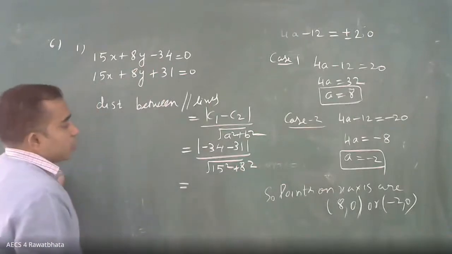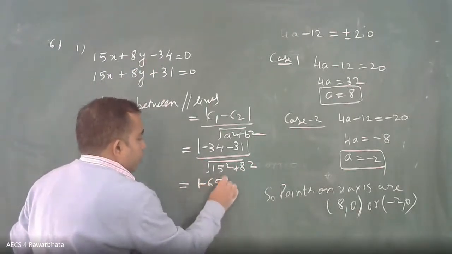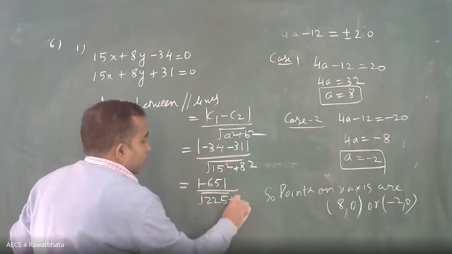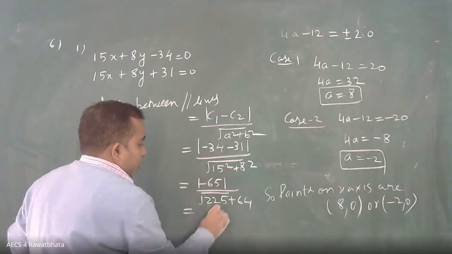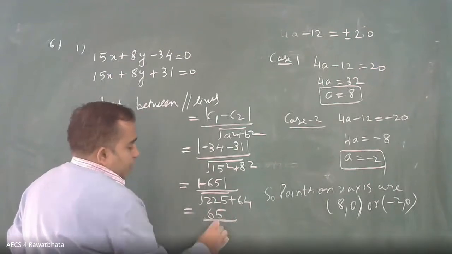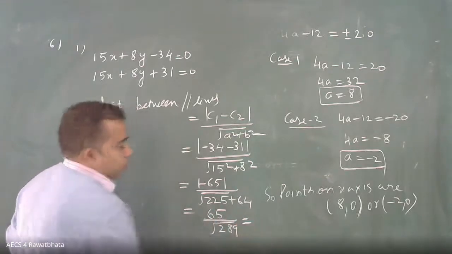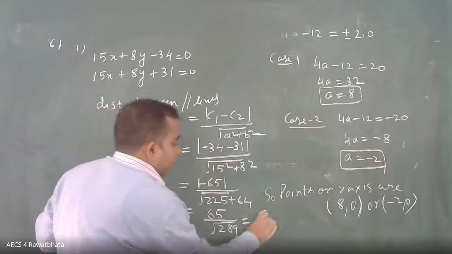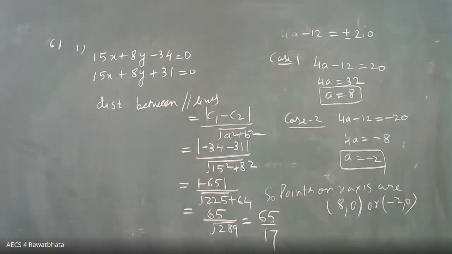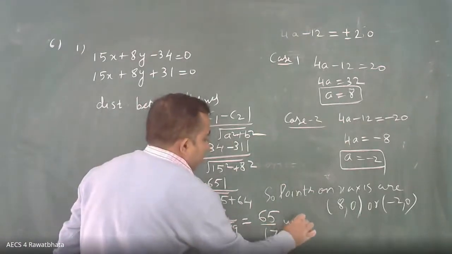This will be minus 65, whole magnitude, and this is 225 plus 64. 65 upon, this is how much, students? 289. 289 is whose square? 17. Final answer is 65 upon 17 units. This is the distance between these parallel lines.